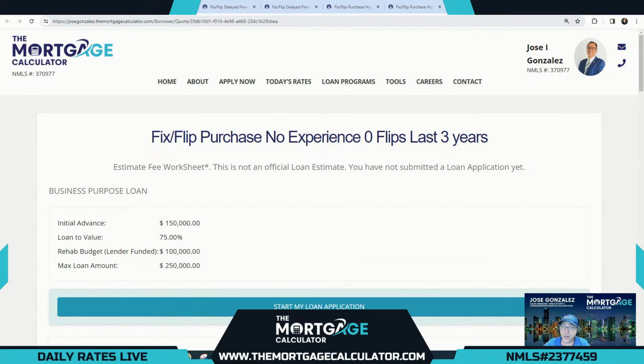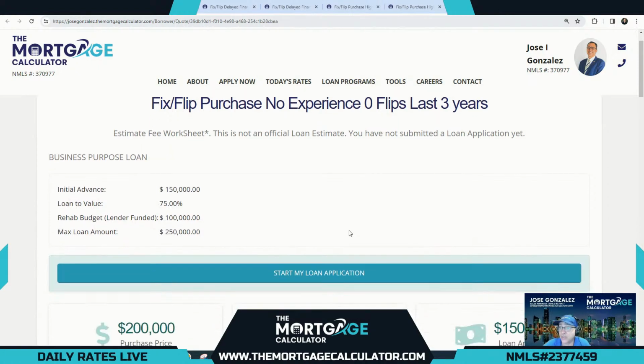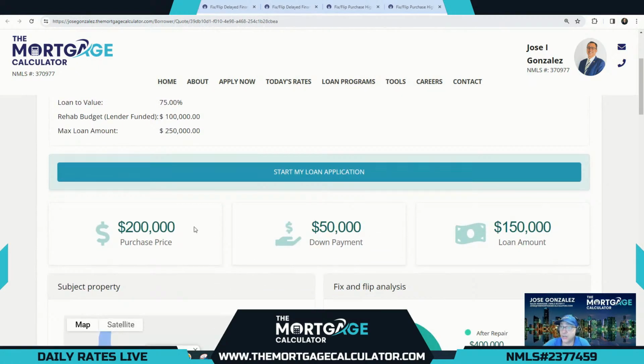Like in this scenario here with zero flips, but a 760 credit score on this flip that's making approximately 30% ROI, the maximum loan to value we're going to get on the initial distribution on the purchase portion is 75%. So in this scenario, we have a purchase price of $200,000 on the as-is portion, right? Whatever you're buying is worth 200 grand, that's what you're paying.